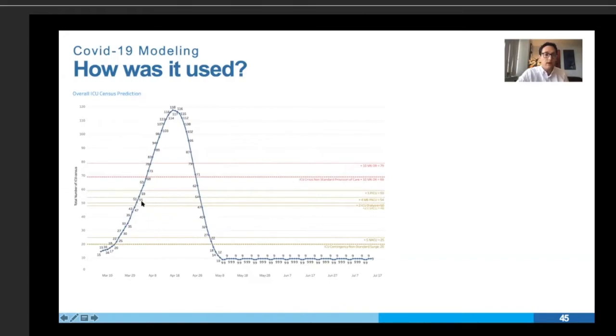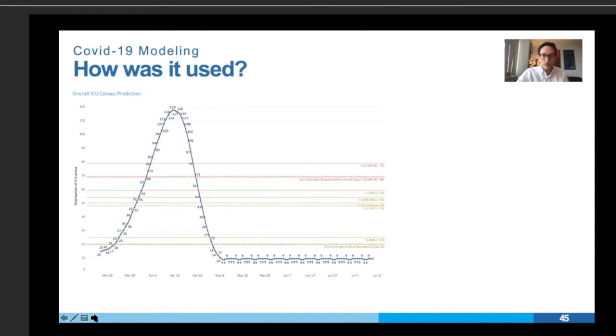Now, it turned out that later on in April, we downplayed and revised our projections a lot. But this sort of contingency planning was the means that we took to explain what steps might need to be taken.